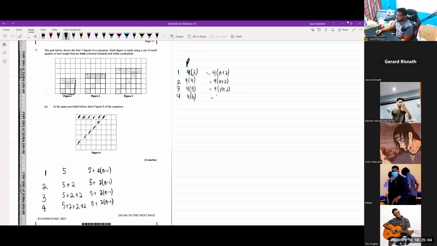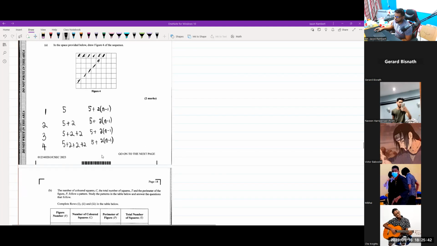Looks a little more correct. Right, so we get the pattern for the perimeter.